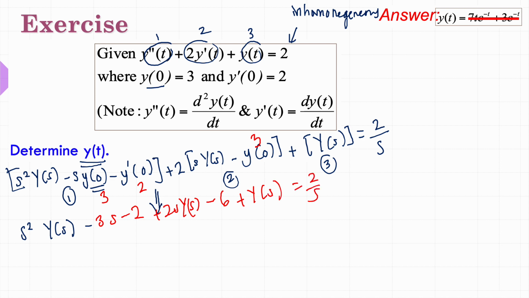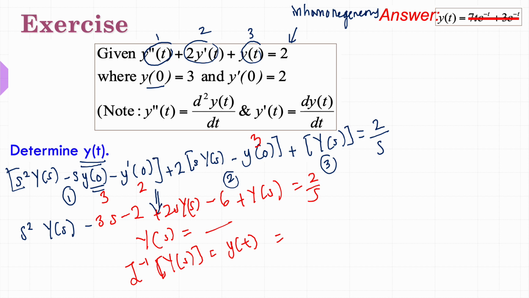You can try to simplify and you should obtain Y(s) equals something, and then you need to do the inverse Laplace of Y(s), then you will obtain y(t), and that's going to be the answer.